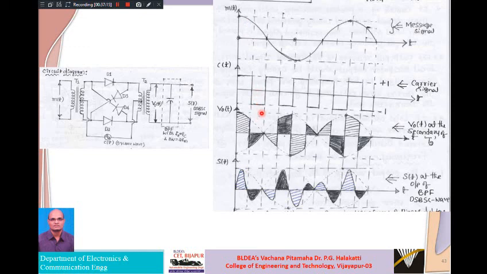During the negative peak, minus m of t is coming, so this portion of m of t during the negative peak of the carrier is multiplied with minus 1, which means a mirror image you are getting here, like this. Again during the positive peak, here it is plus 1, but here your message signal is in the negative direction, it is increasing.